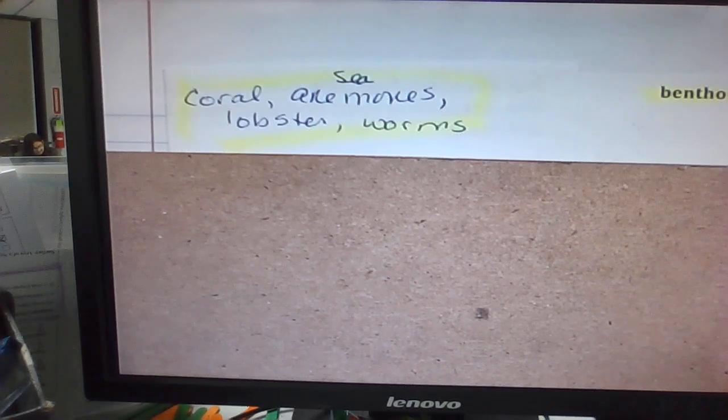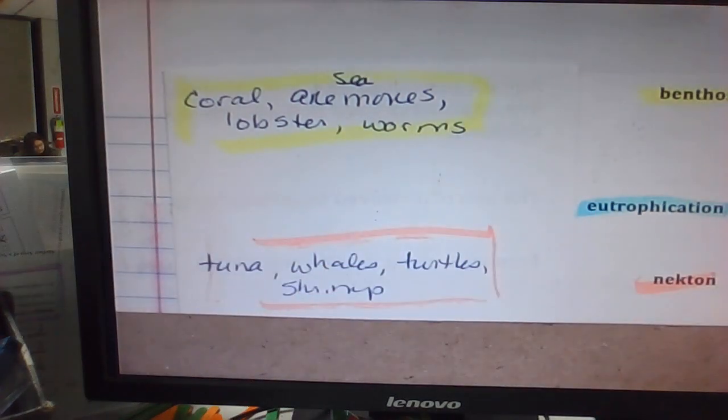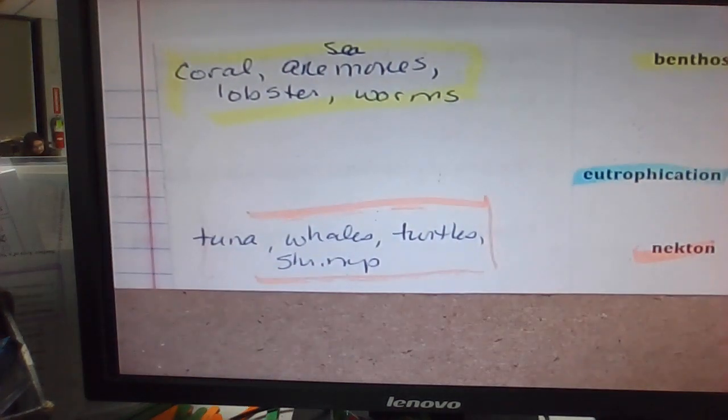All right, we'll skip eutrophication for just a minute. We'll go to nekton, the free swimming critters, what you normally think of being in an aquatic ecosystem. All the different types of fish, whales, turtles, shrimp, seahorses. So tuna and all the other different types of fish.